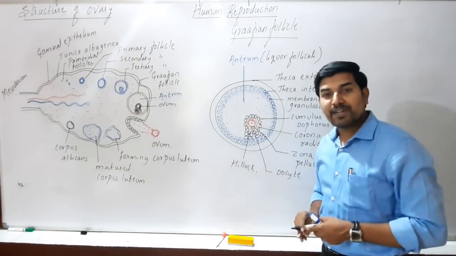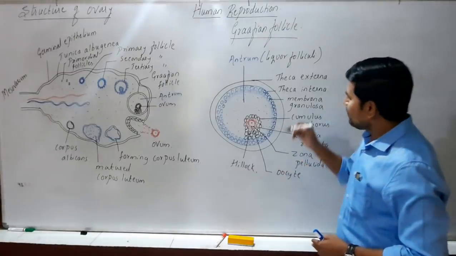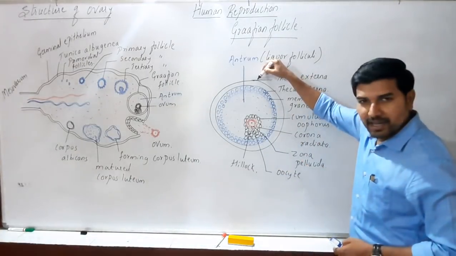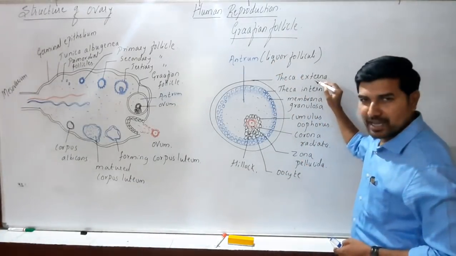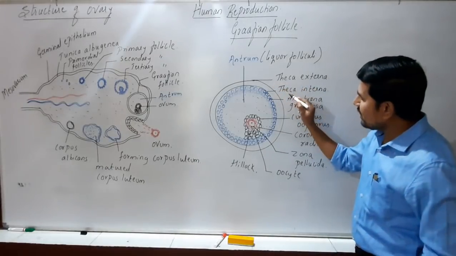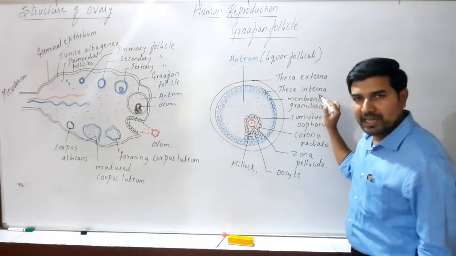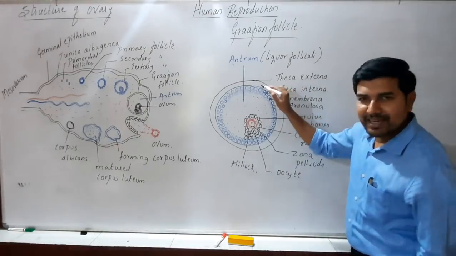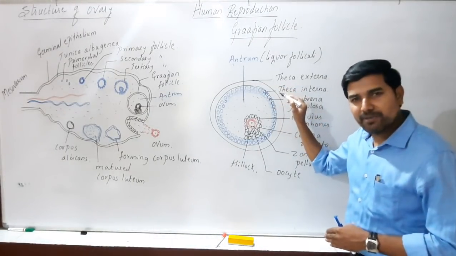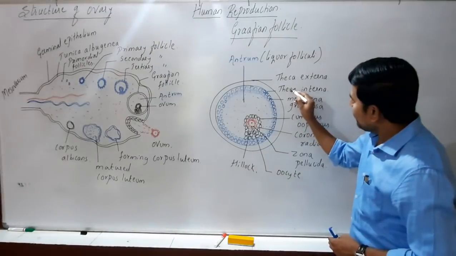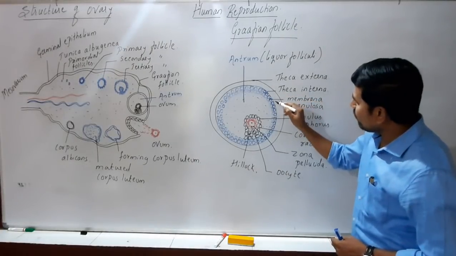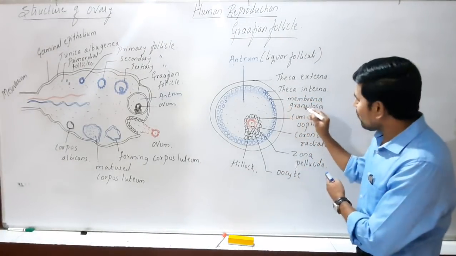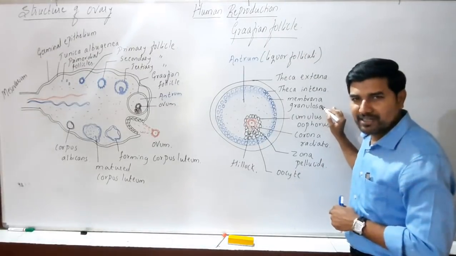Now, if we look at the detailed structure, the Graafian follicle has an outer layer of cells called the theca externa. Below the theca externa, we have the theca interna, one more cell layer. Then in between these two, there is a membrane which is also called a basement membrane. Below the theca interna, we have 2 to 3 layered cells called the membrana granulosa cells.